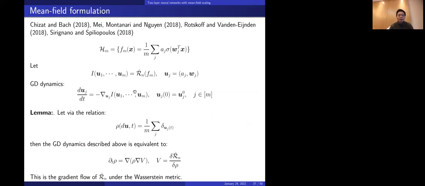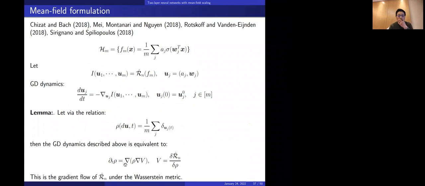Now, what's interesting is that I actually made this observation. These guys proved convergence, but actually I made the observation that you don't need to think about convergence. This GD dynamics is an equivalent formulation of this mean field PDE, or integro-differential equation.